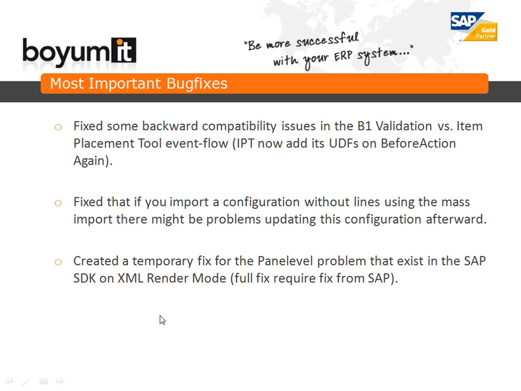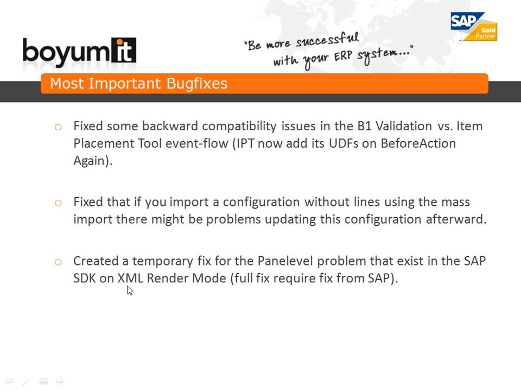Finally, some people have seen that if they use the XML rendering mode of item placement tool or content creator onto pane levels, new tabs that they made, they would see that sometimes when switching between add and find mode, the new items on that new pane would overlap the existing items on that screen.